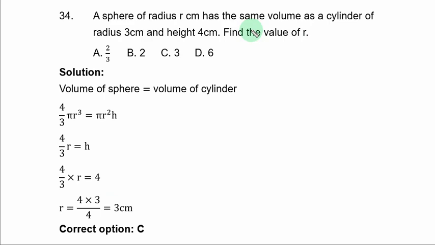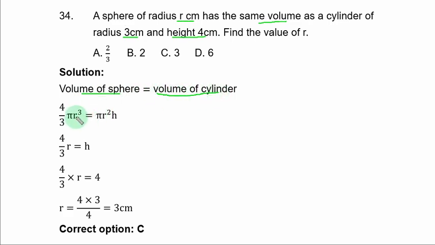Question 34. A sphere of radius r cm has the same volume as a cylinder of radius 3 cm and height 4 cm. Find the value of r. From the question, volume of sphere equal to volume of cylinder.